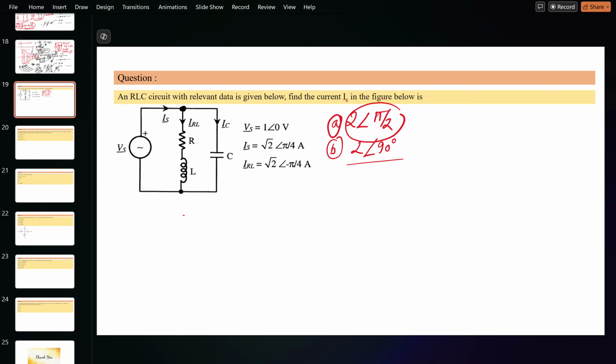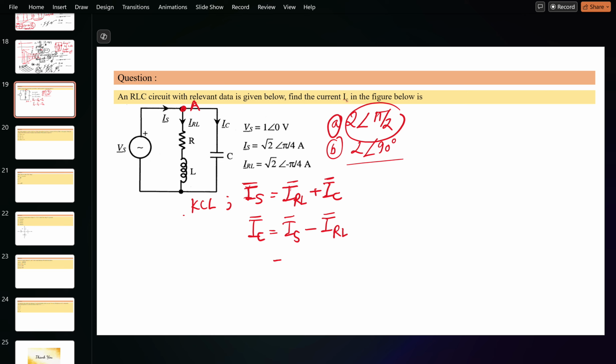Okay, let me give the solution for this. If you see at node A, when you apply KCL here, IS in phasor form will be equal to IRL plus IC. It is asking what is the value of IC. IC will be equal to IS minus IRL in phasor form.